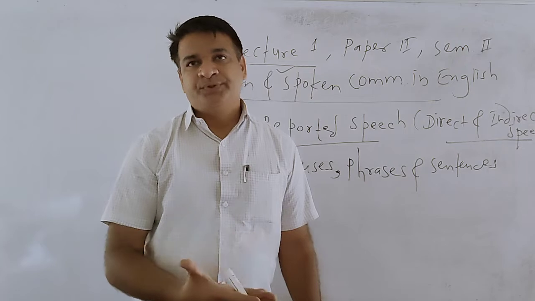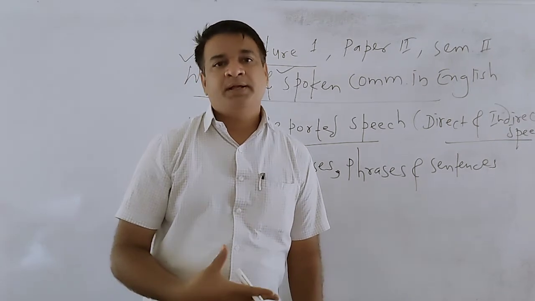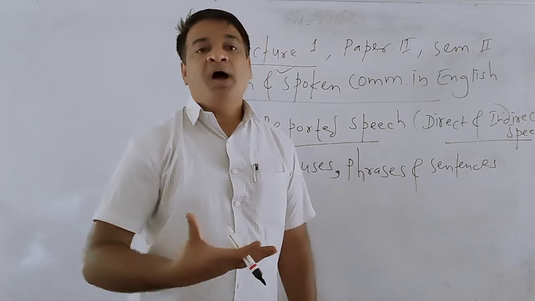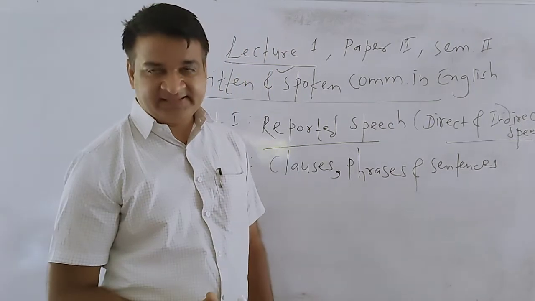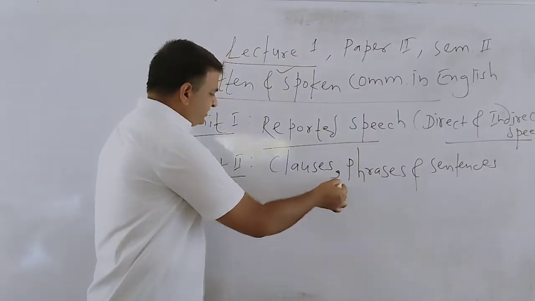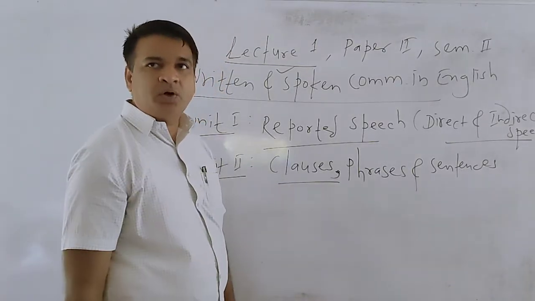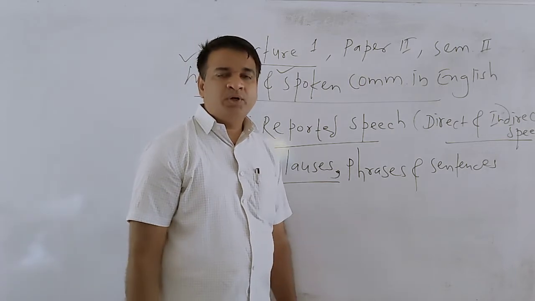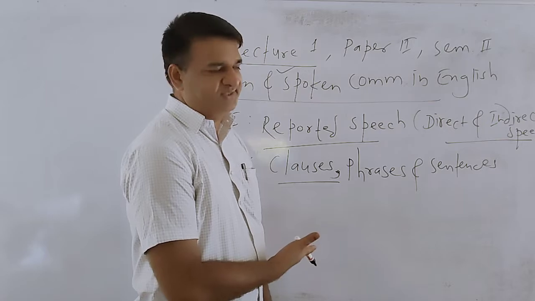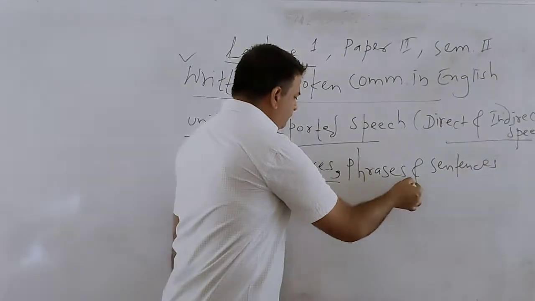The dominant word, like verb phrase, noun phrase, prepositional phrase, helps you identify it. And the clauses, like main clause and subordinate clause, we have to identify. Then we have the phrases.